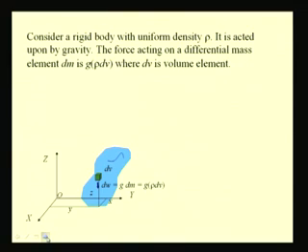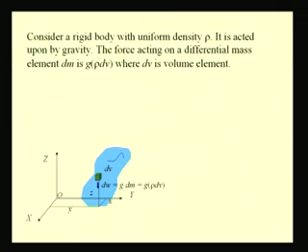Let us consider a rigid body which has uniform density, say rho. Here in this picture you see one such body, and it is acted upon by gravity. Let us fix some reference frame, say O, X, Y, Z.